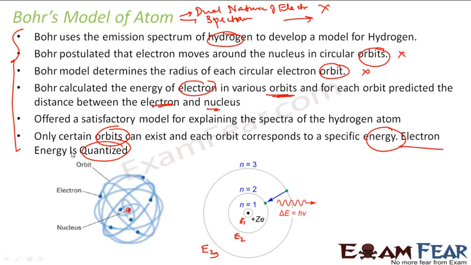This is the best part which he came up with, and which is still true. He told the energy is quantized, and we see that in the quantum model also. But other things which he has told, that electrons move in the orbit, are wrong because the orbit doesn't exist. We'll see that also.